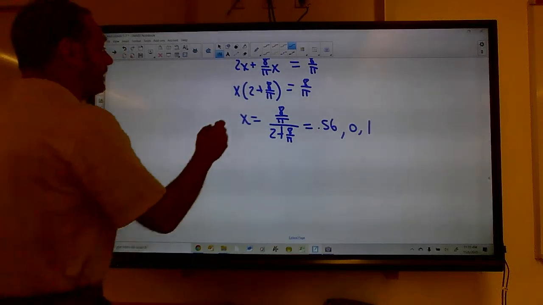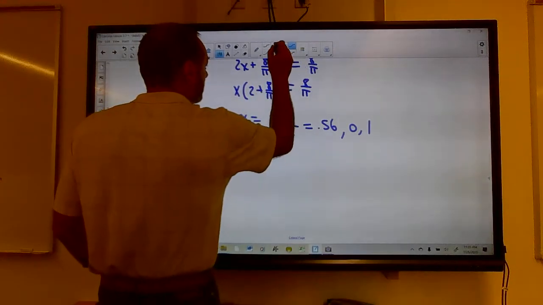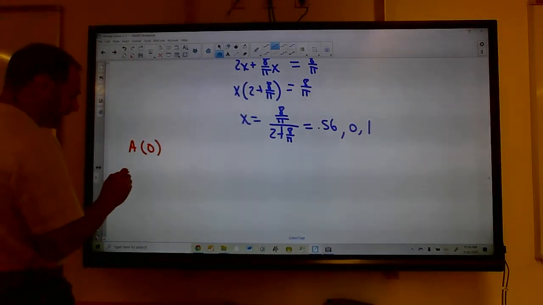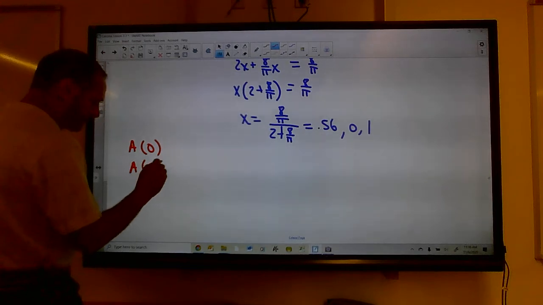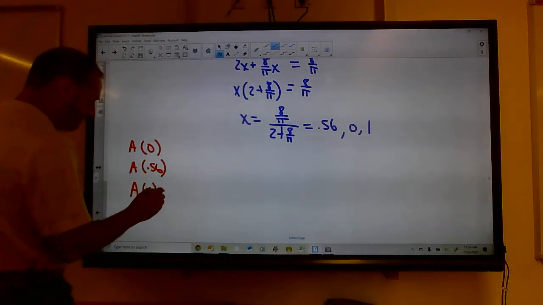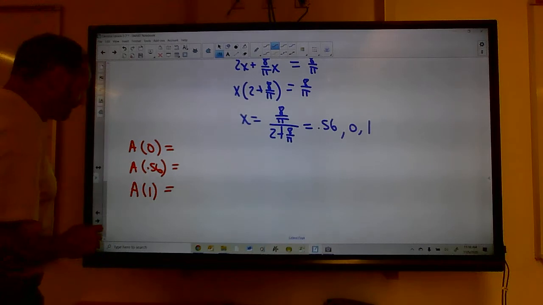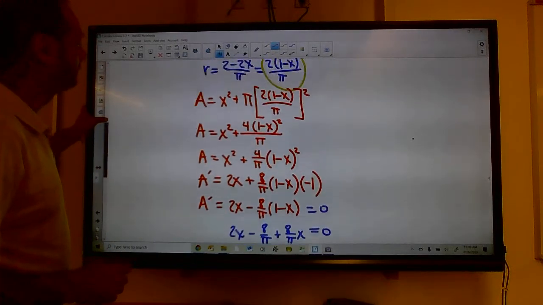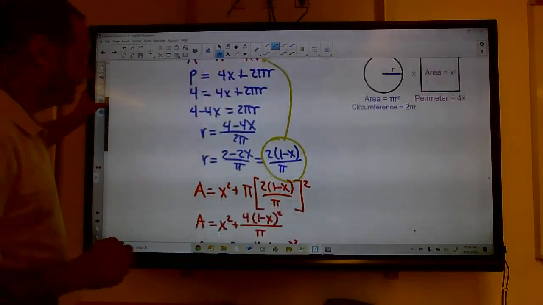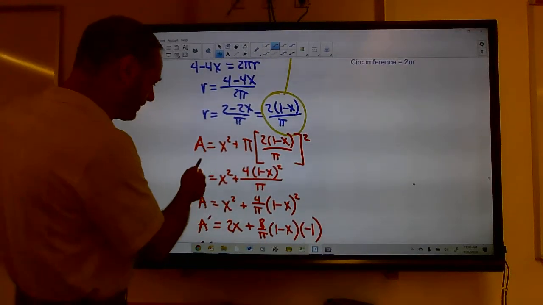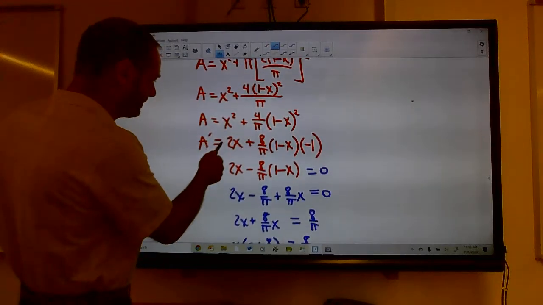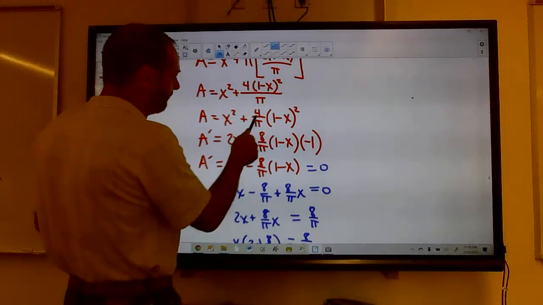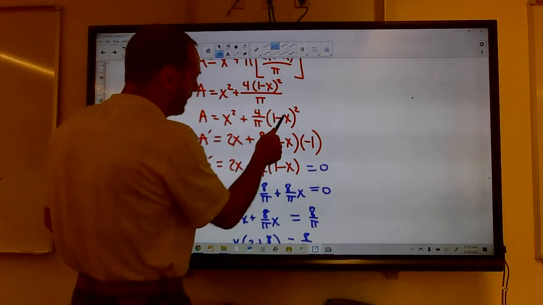So I find A of 0, I find A of 0.56, and I find A of 1. Remember, I'm using the original equation to find this stuff. So if I plug in 0 into my original equation with just x's, I'm going to get 0 plus 4 over pi times 1 squared.